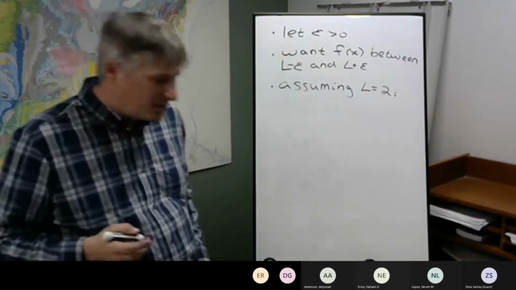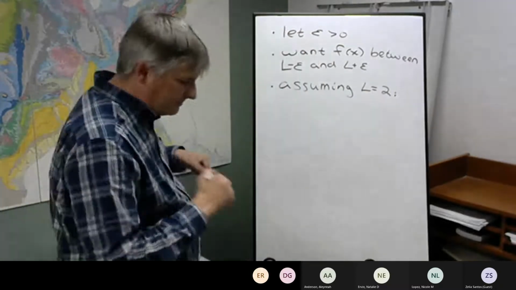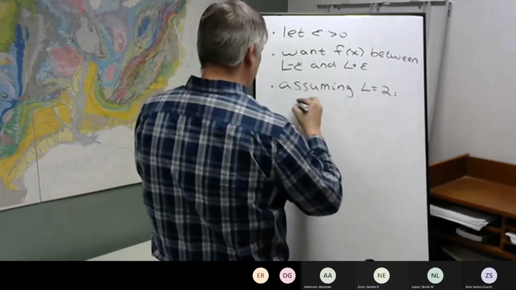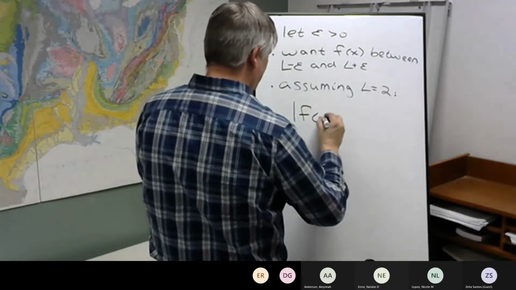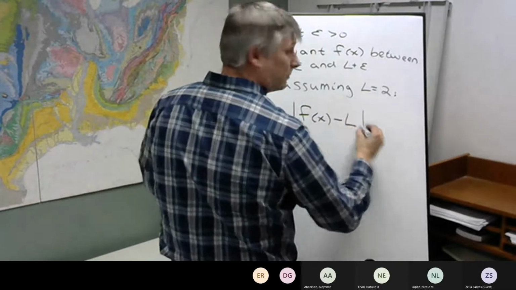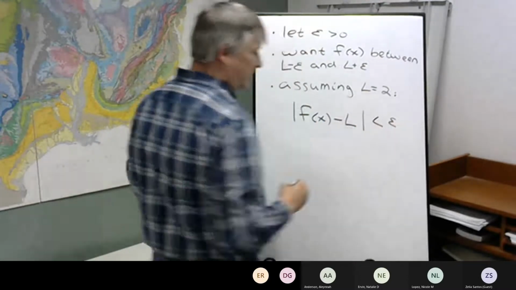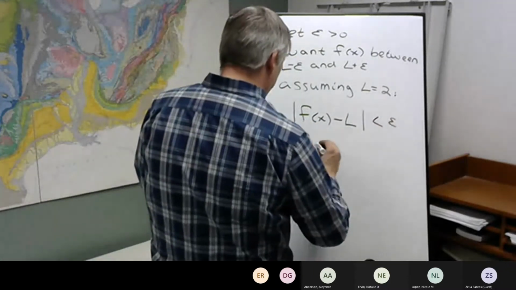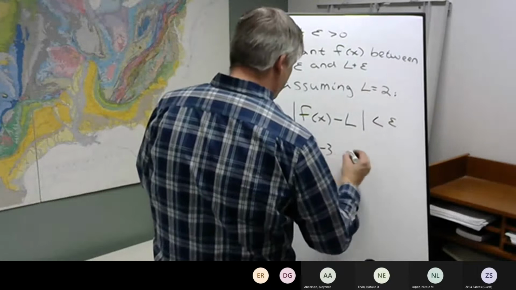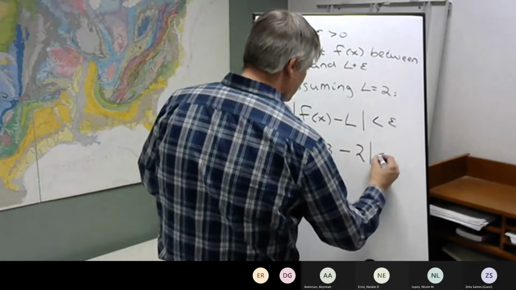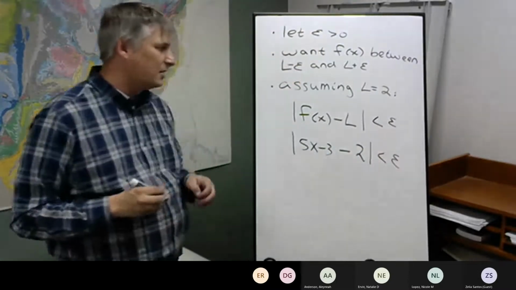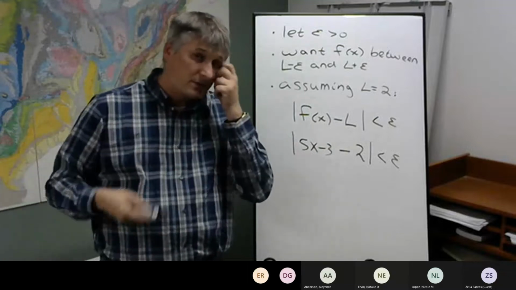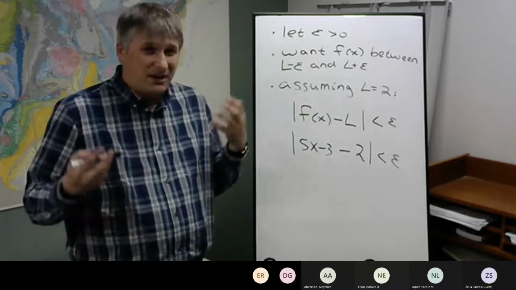If we assume L is equal to 2, then this would mean that the absolute value of f of x minus the limit that we're guessing is less than epsilon, or the absolute value of 5x minus 3 minus 2 is less than epsilon. We're assuming this is true. Now, this is a trick in mathematics you'll run into where we assume something is true and see if it actually holds out.